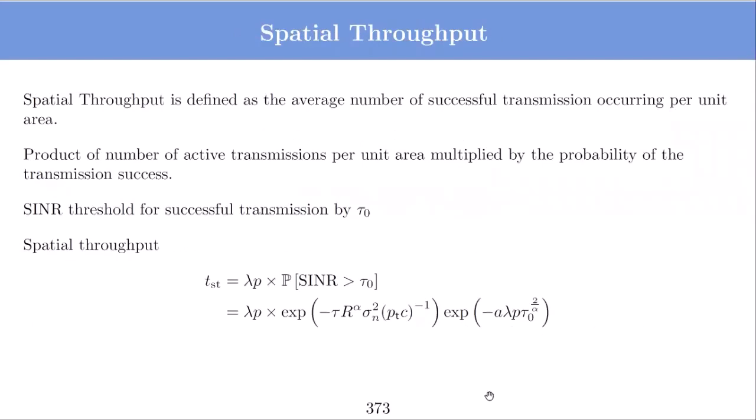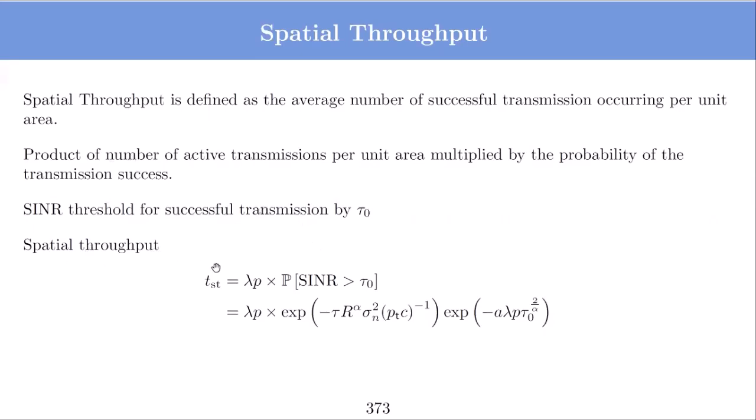That I define as the spatial throughput. Spatial throughput is defined as the average number of successful transmissions occurring per unit area. The product of the number of active transmissions per unit area multiplied by the probability of transmission success gives you the spatial throughput.